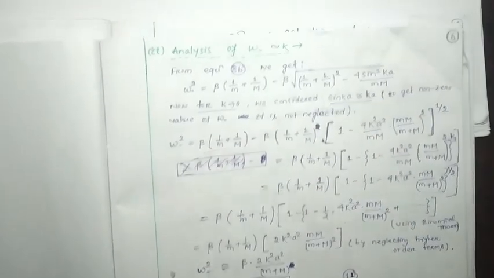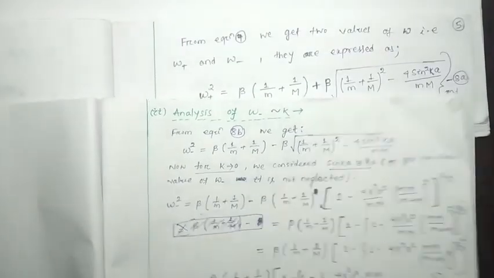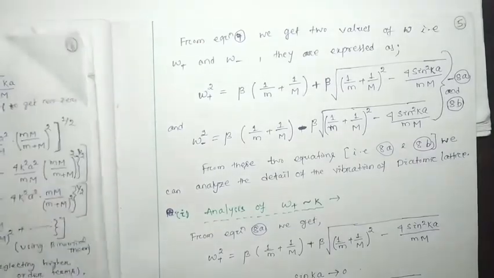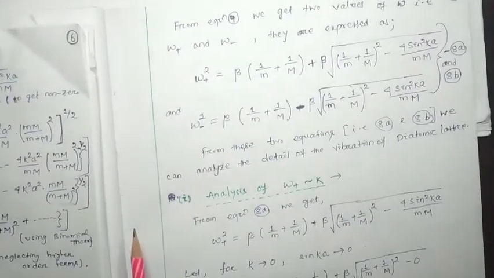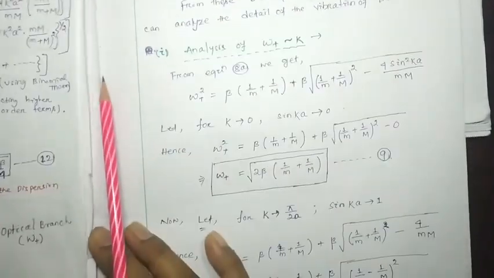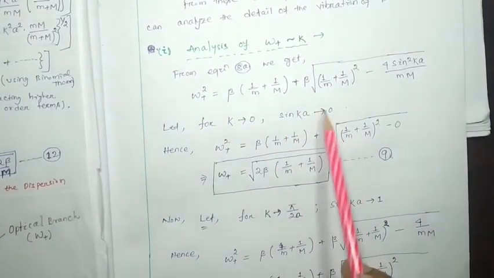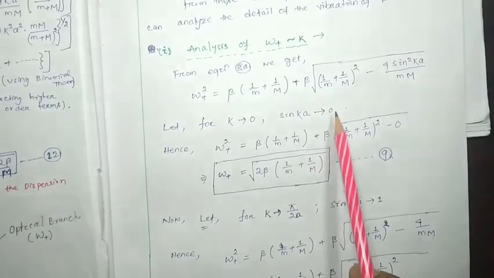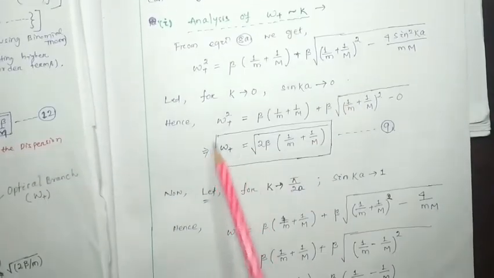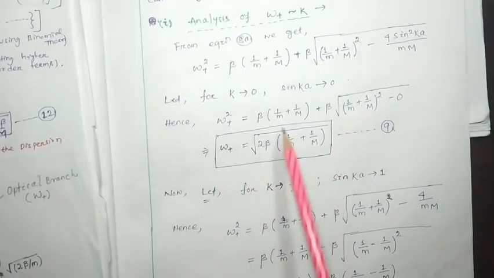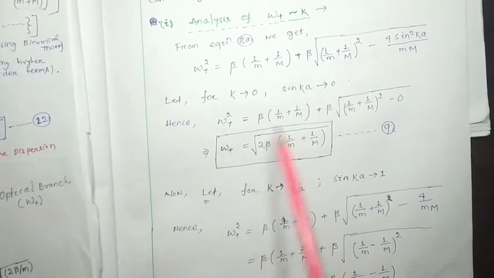Why I am telling you this: whenever we considered omega plus, at that time we considered sin ka tends to 0. After that also we got the non-zero value of omega plus, right? Non-zero value of omega plus.